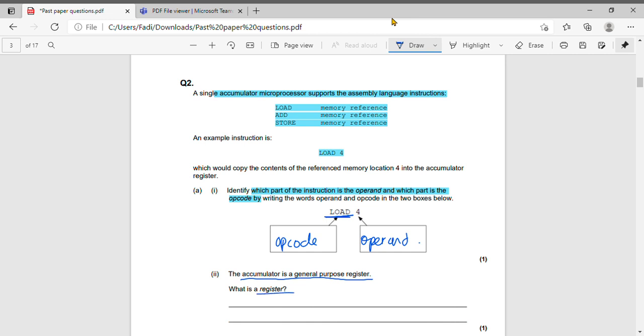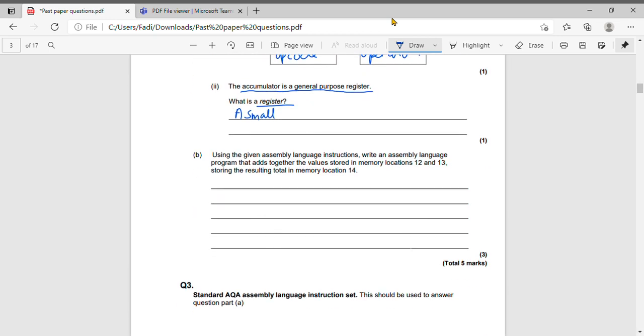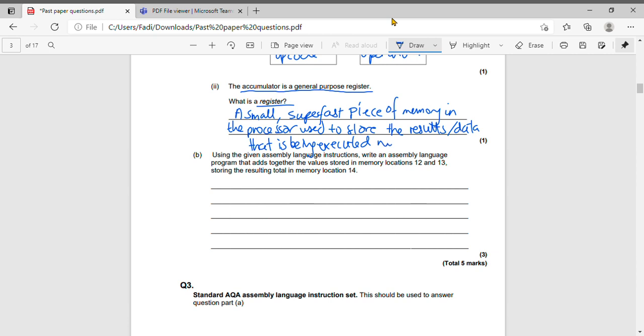The accumulator is a general purpose register. What is a register? A small, super fast piece of memory in the processor used to store the results or data that is being executed now.